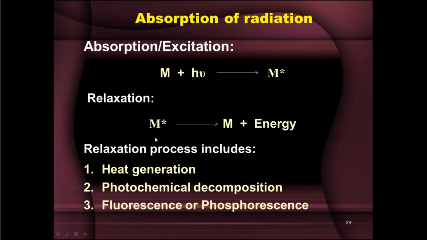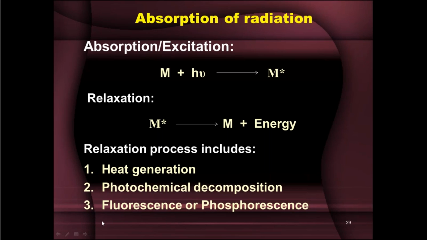Now, M star may undergo relaxation, releasing the extra energy and giving back the molecule M. This extra energy could be released in the form of electromagnetic radiation. In other words, electromagnetic radiation or energy could be emitted from the molecule.